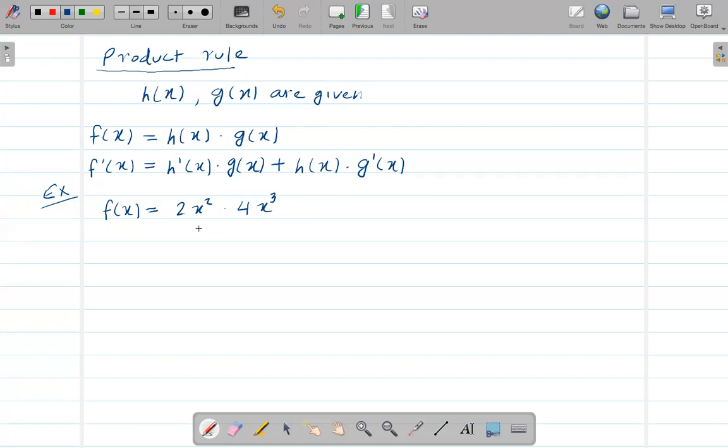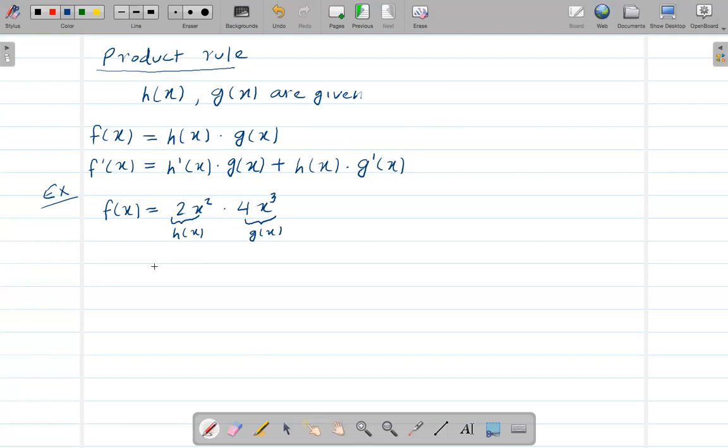But let's use product rule here, okay? So here, f of x is equal to h of x times g of x, so let's assume this is h of x. This one is g of x. All right, then we can simply use this product rule.